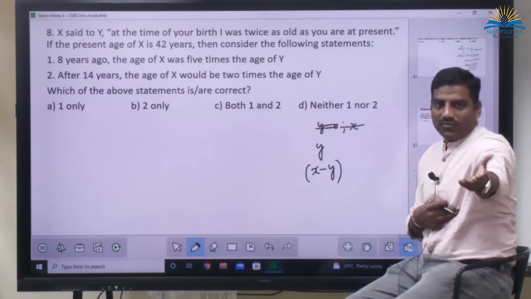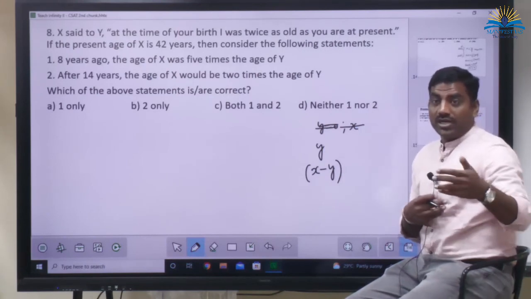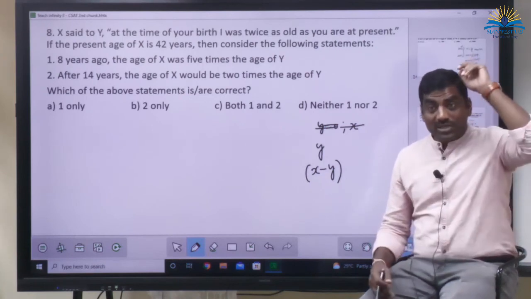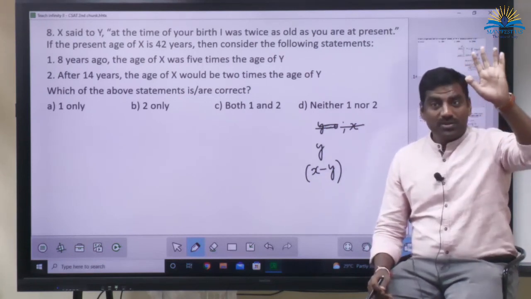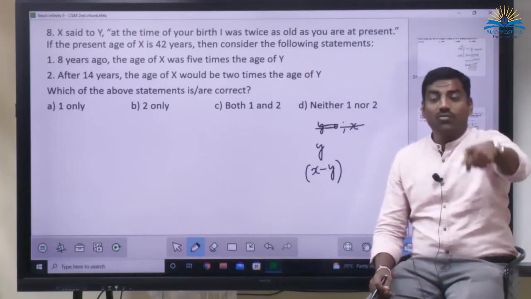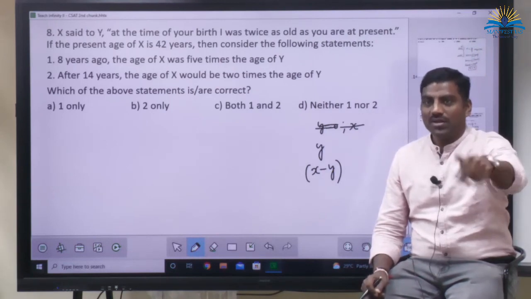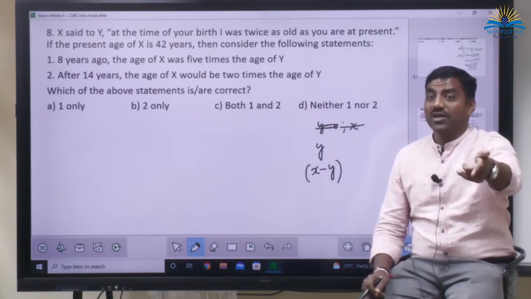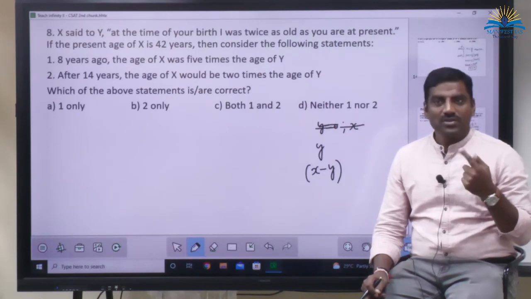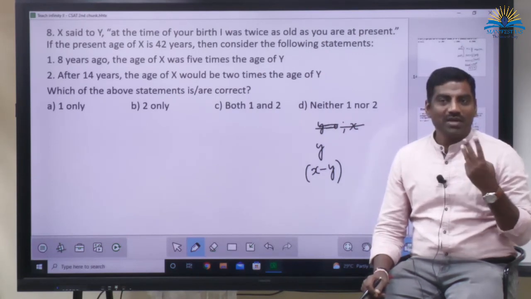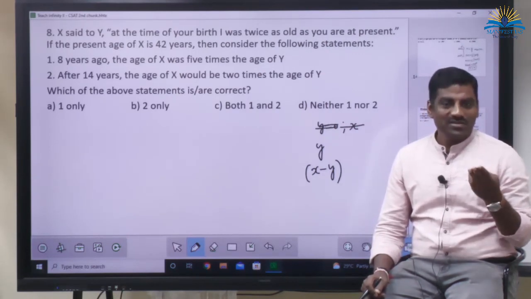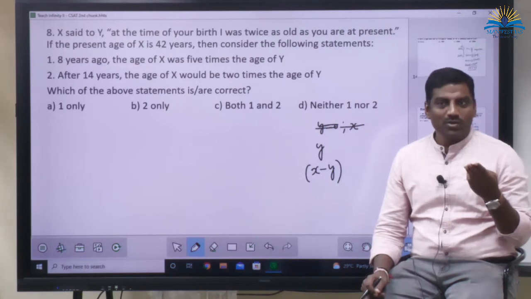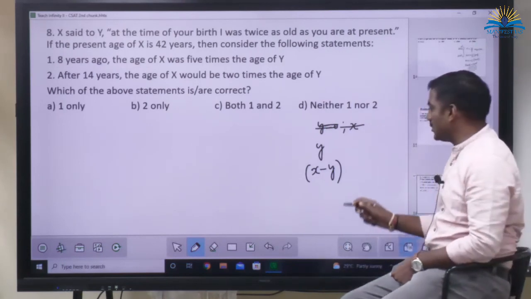Then I was 50 years old while he was taking birth. Now he is 25. What is my age now? So basically I am 3 times older than him.